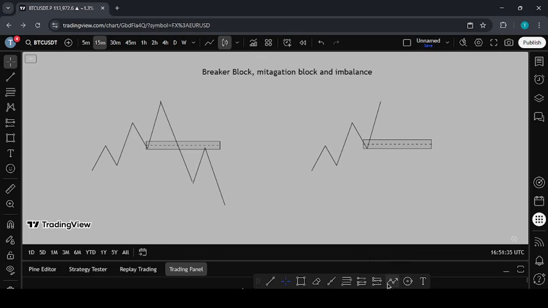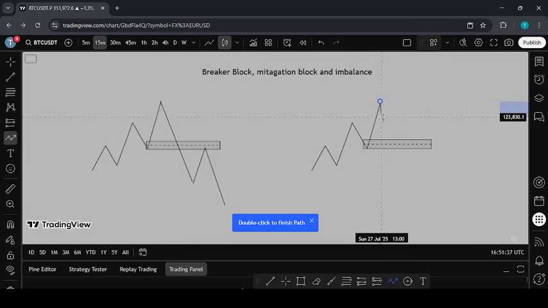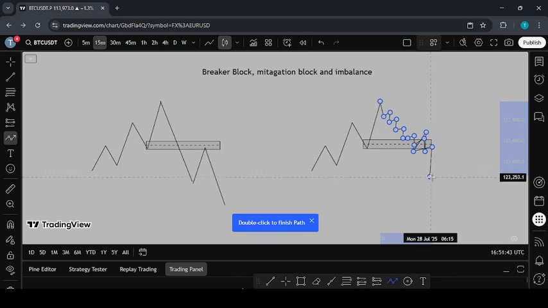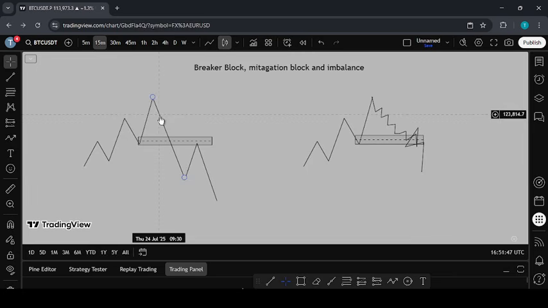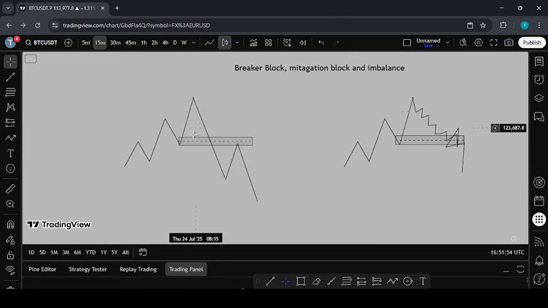Then price is now coming like this, just dancing or ranging towards it. We're not looking for the market ranging around that side before coming down. No, right? We're looking for something clean, an aggressive movement that takes out this order block. Then this place that has been taken out is now called a breaker block.